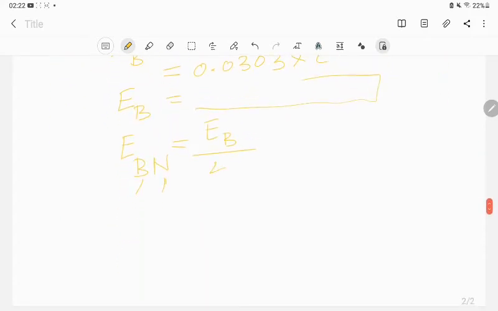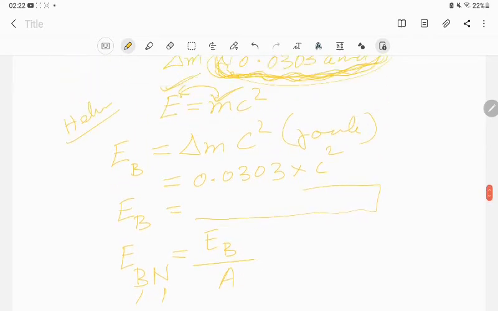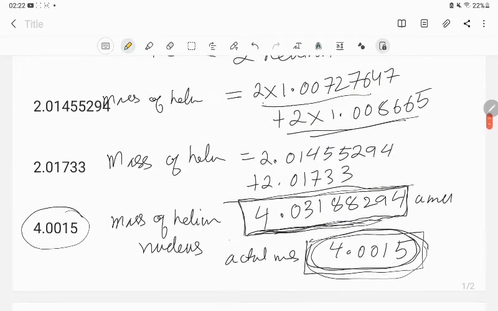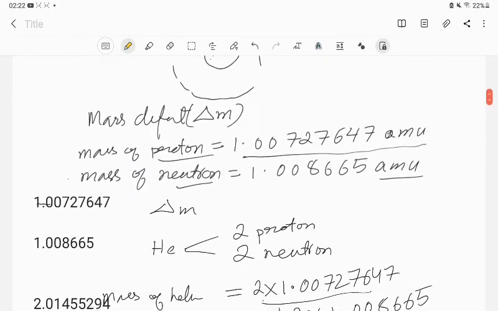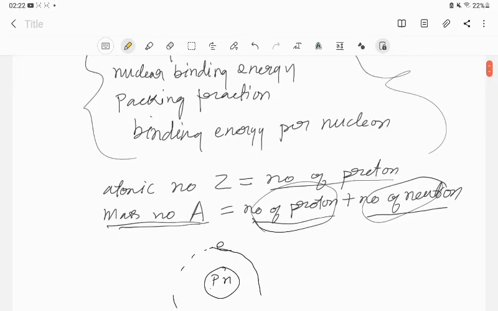Divided by 4, or you can write A in place of 4, because A is the mass number, neutron plus proton.